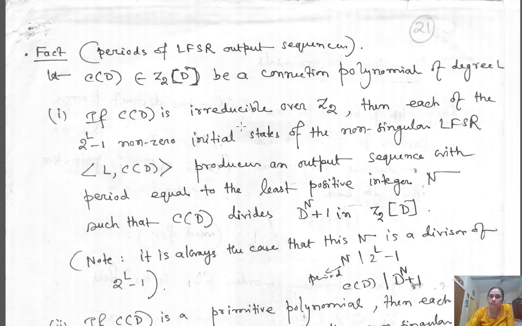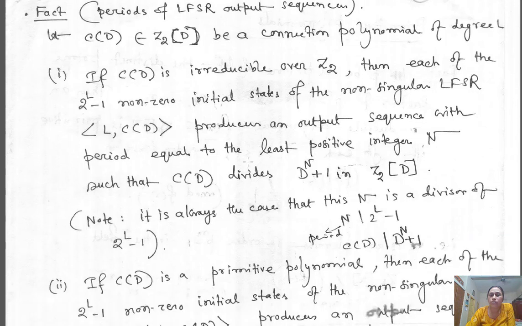If C(D) is irreducible over Z2, then each of the 2 to the power L minus 1 non-zero initial states of the non-singular LFSR produces an output sequence with period equal to the least positive integer n such that C(D) divides D to the power n plus 1.